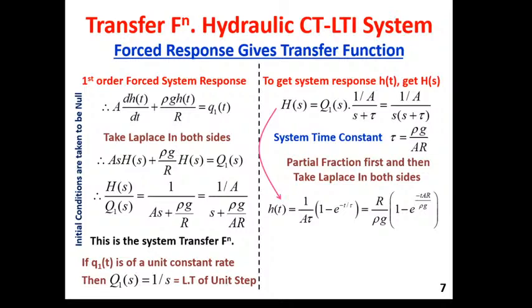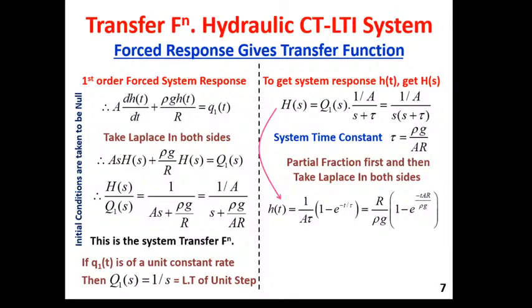What we will find is h(t) is equal to 1 by A tau, so this is a constant, and 1 by A tau eventually becomes R divided by rho g. So h(t) is nothing but the output in time domain, that is equal to 1 by A tau times 1 minus e raised to minus t by tau.